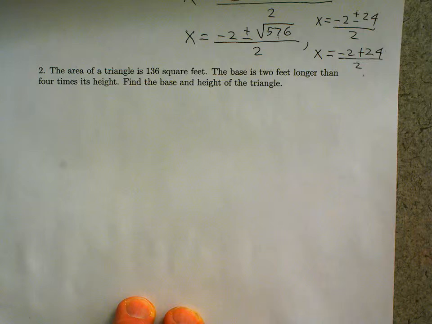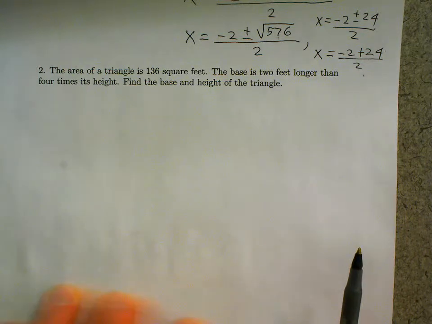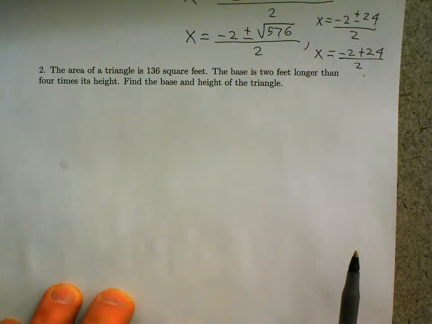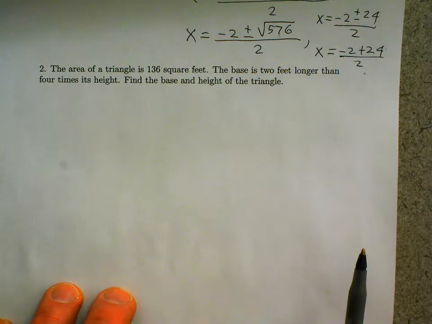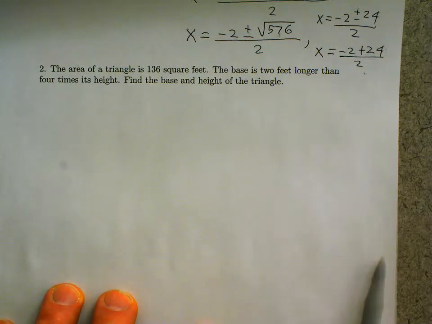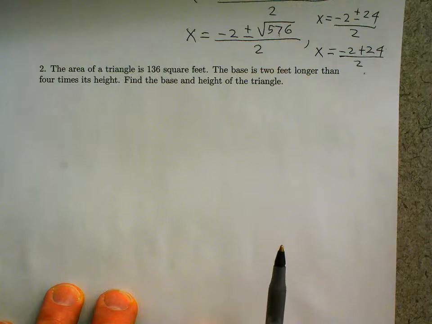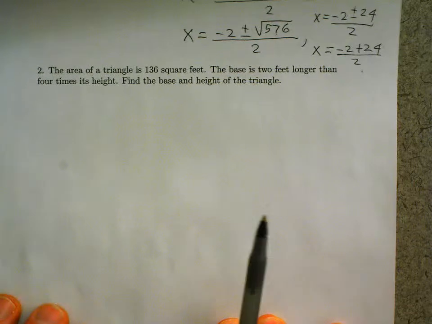Well, tell me what we need. What do we need to know before we can set up an equation? Besides picking variables to represent the quantities that we are supposed to find, what else do we need?